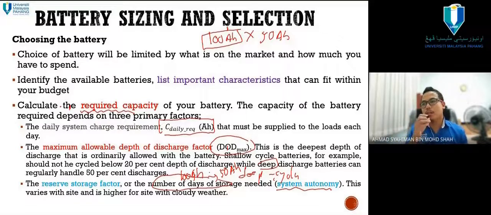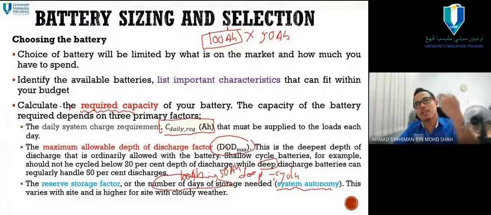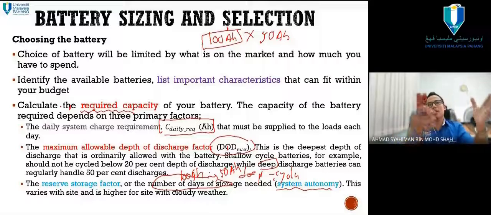Let's say based on your desire, you want your system to withstand 2 to 3 days. So you need to multiply with 2 to 3 days, which means you need to have 2 or 3 times higher battery capacity compared to only considering 1 day.